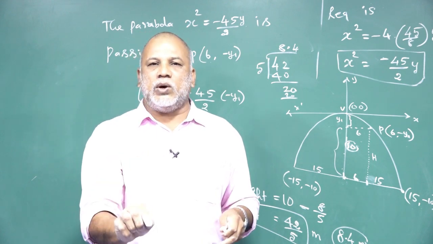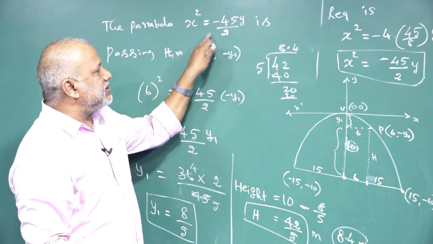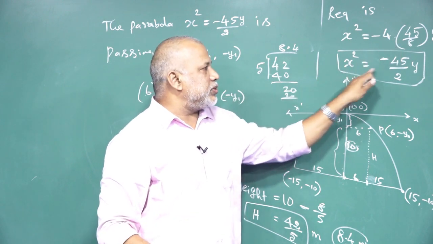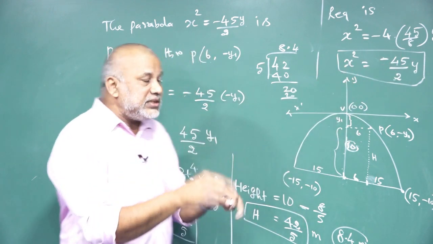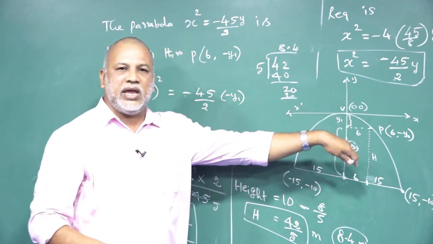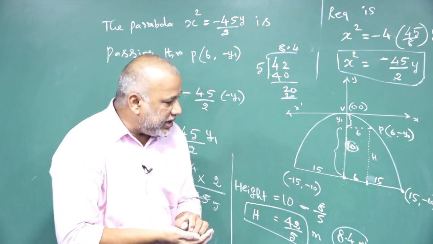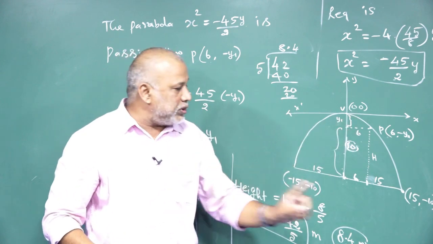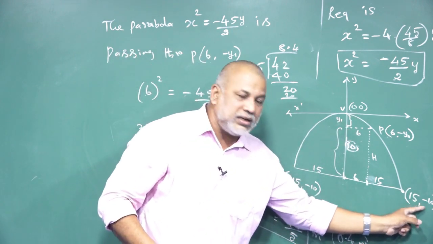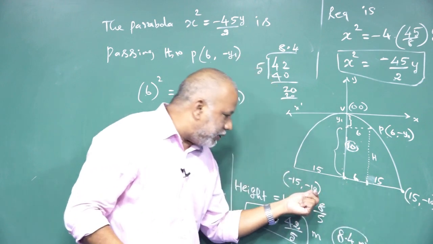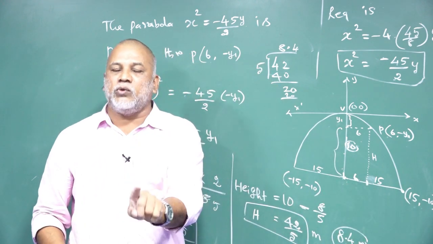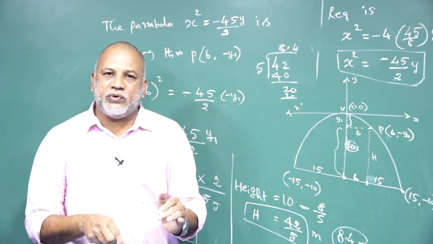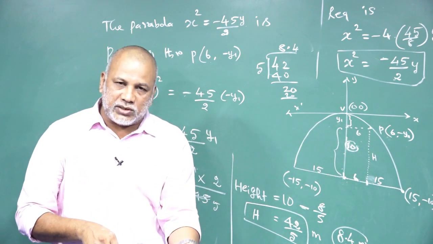After finding the value of a, you get the equation like this: x squared equal to minus 45 by 2 y. This equation again passes through a point. See, you have 3 points. First we have to substitute the known quantities. Both x and y are known values, so use the known values first. After that, find the unknown values. This is the procedure to find the height of the bridge.